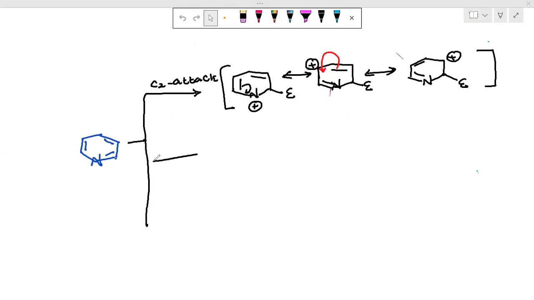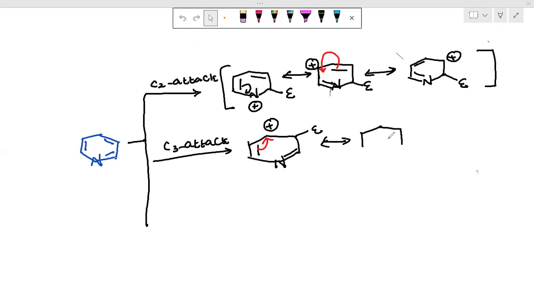If it is attacking at the C3 position, the nitrogen is present here, and the electrophile attacks here. Okay, so there is a charge here. To balance this, this bond is relocalized over to here, to make up a structure as electrophile, and the positive charge is here. Okay?